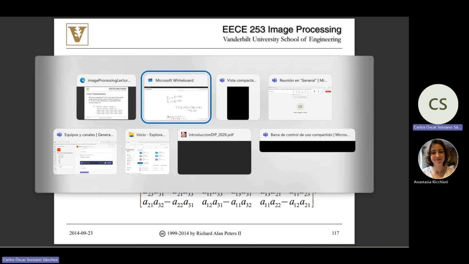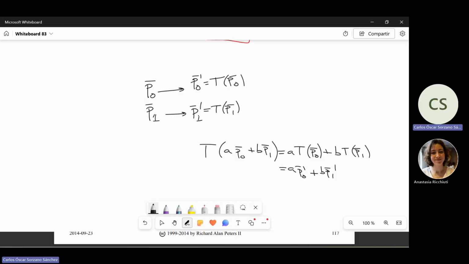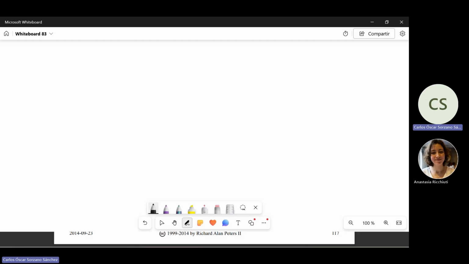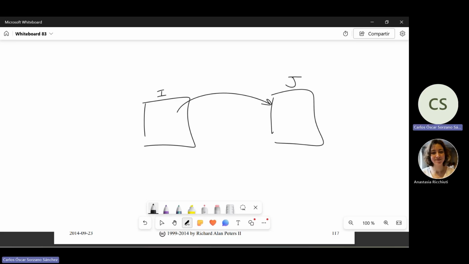Okay, so let's say that I have an image, I multiply by some matrix, I go to J. So Rj is Ri multiplied by A. And then I have J, and I want to come back to I. So I can simply solve for that.